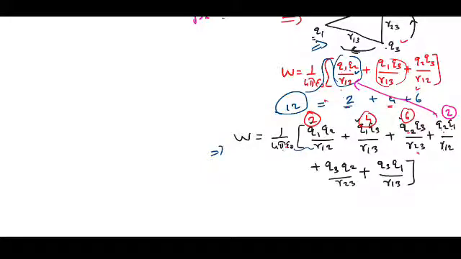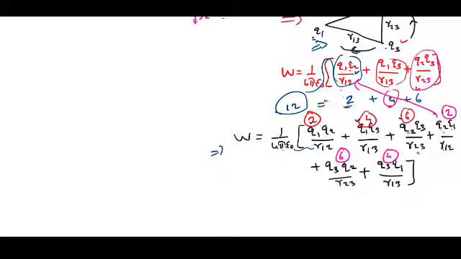Now Q2, Q3 by R12, okay, this also needs to be corrected. This should be R23. Q2, Q3 by R23, the answer is 6. Q3, Q1 by R13, this is 4.